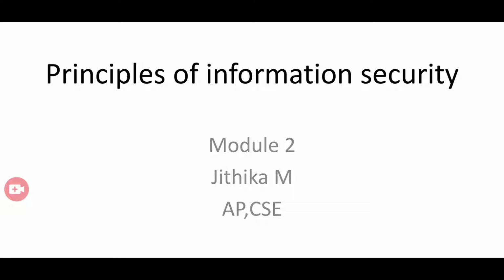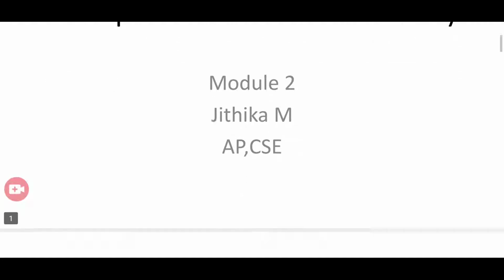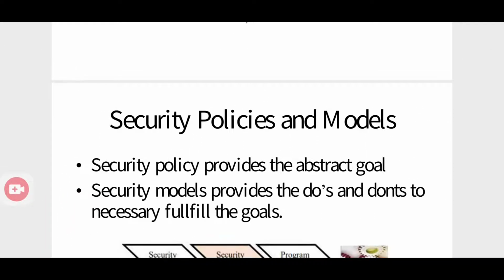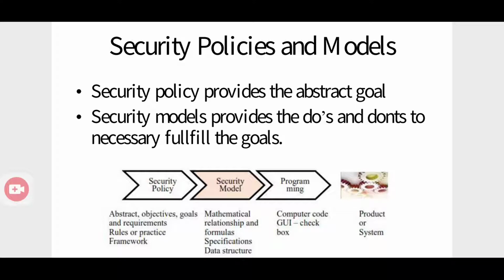In the first module, we discussed what information is, how security is provided for information, what the main attacks and threats to information are, and how security is provided using an access control mechanism: what an access control matrix is, how it is implemented, what an access control list is, etc. In this module, we are dealing with policies and models.